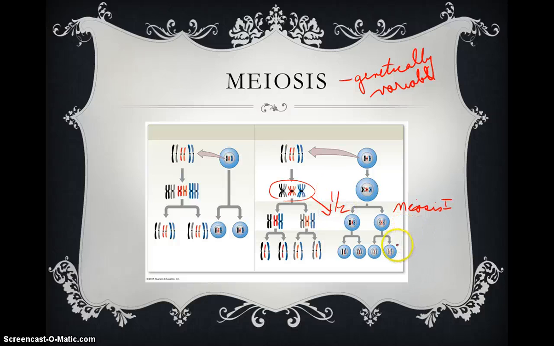Then these cells are going to go through another cell division event, meiosis 2. There will be no DNA duplication between, and we will end up with then 4 cells that have half of a normal number of chromosomes.